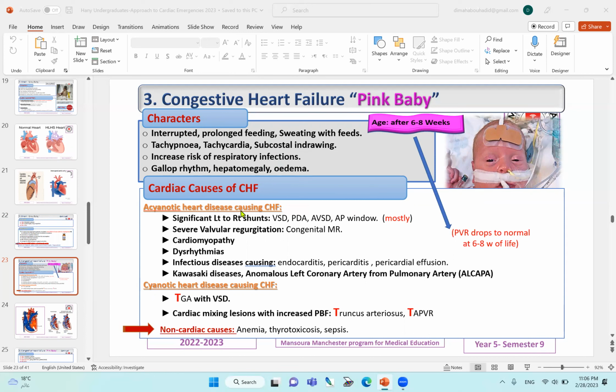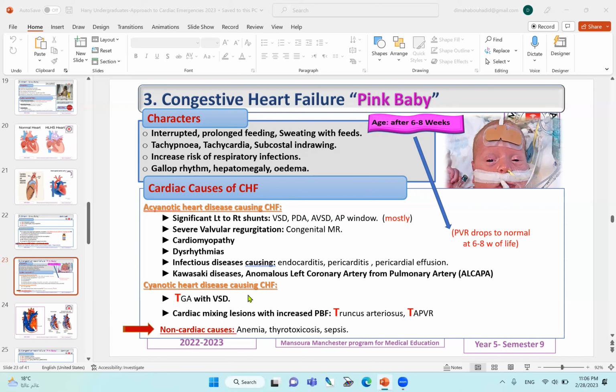What are the cardiac causes of congestive heart failure? Maybe acyanotic causes or cyanotic causes. Acyanotic causes, as we explained, are a significant left to right shunt: VSD, PDA, AVSD, or aortopulmonary window. Maybe severe valvular regurgitation, cardiomyopathy, dysrhythmia, infectious diseases causing myocarditis, or acquired disease like Kawasaki disease or anomalous left coronary from the pulmonary artery.